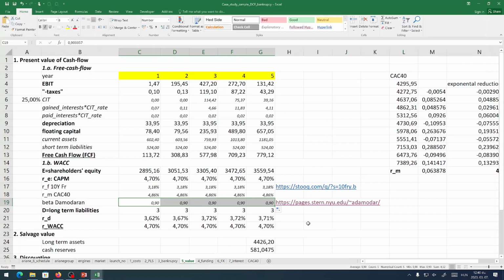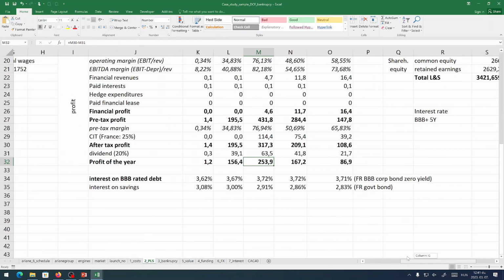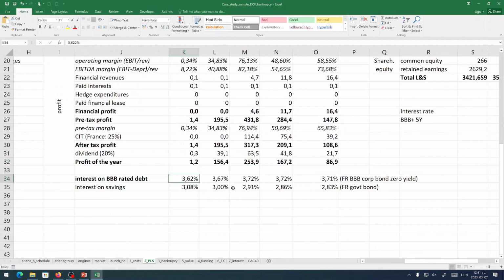So, okay, and we can ask, but what is the interest of the debt here? In the profit and loss statement last week we downloaded this French BBB corporate bond yields, so we can say, okay, let's use this one.